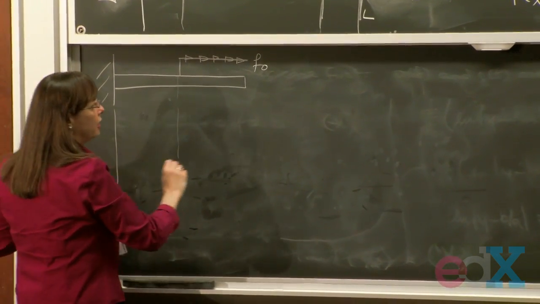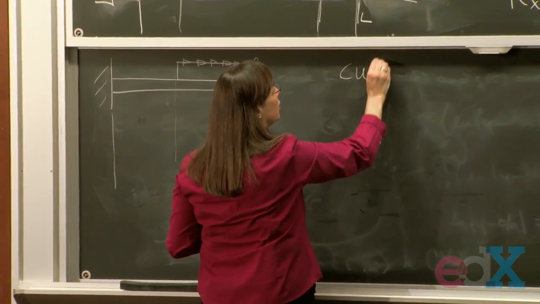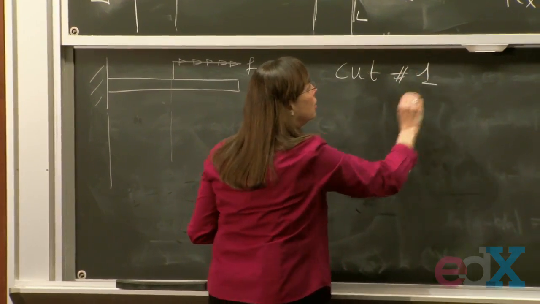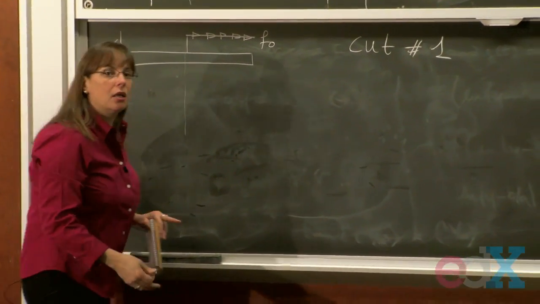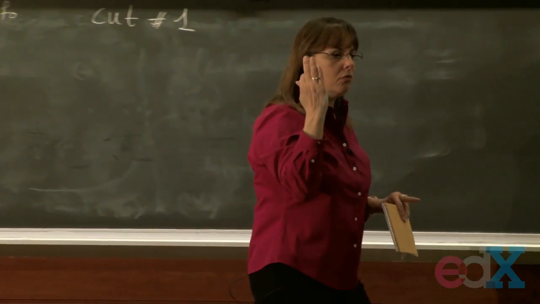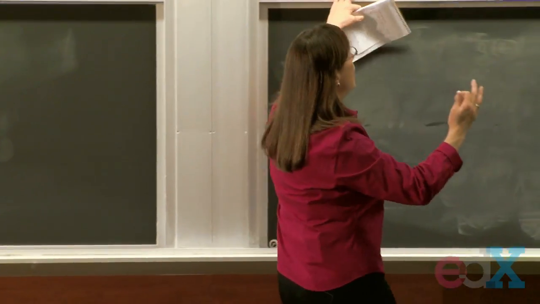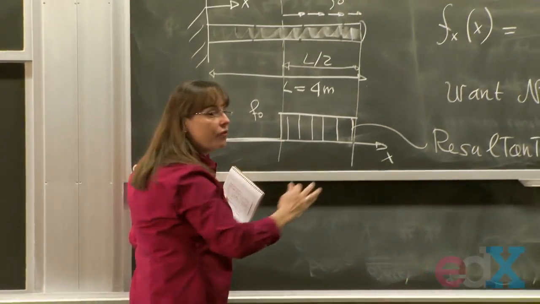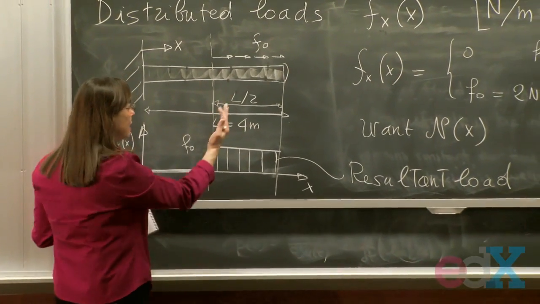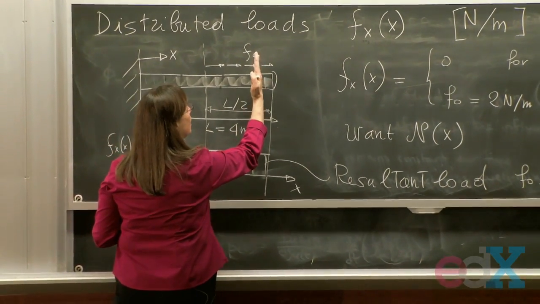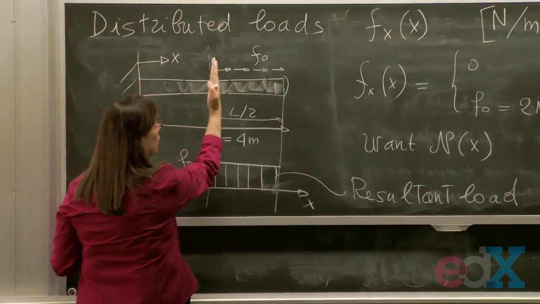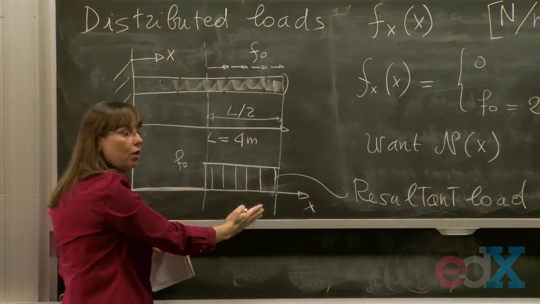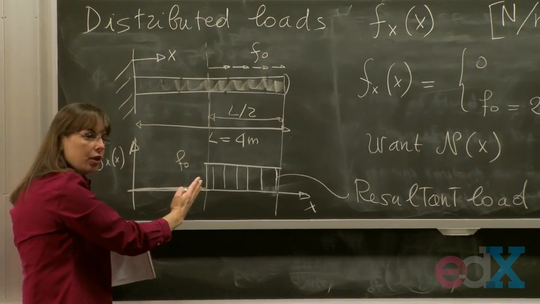The first thing that I do is cut number 1. So where do I cut? I cut in a way that isolates things that happen in a different way in different parts of the bar. So I can see here already that it's going to be different if I cut in this section here, which is where I have the load, or this section here, which is where I don't have the load.